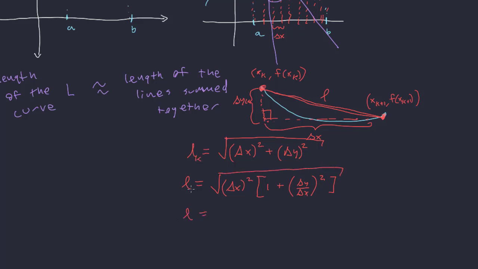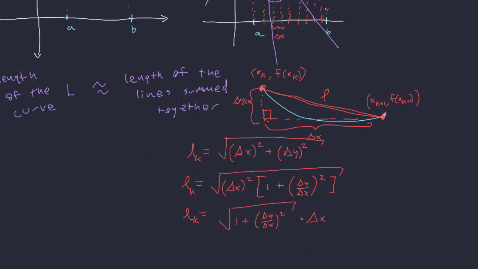If this is a particular k length, what we'll end up with is the square root of 1 plus delta y over delta x squared times delta x.